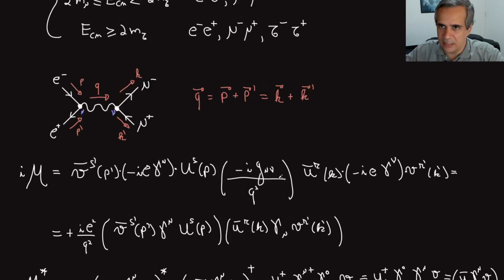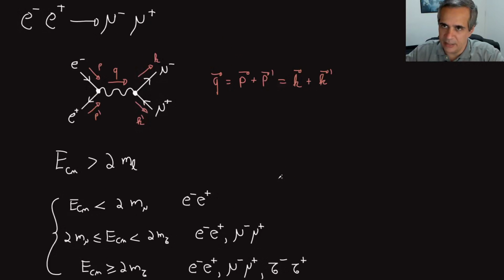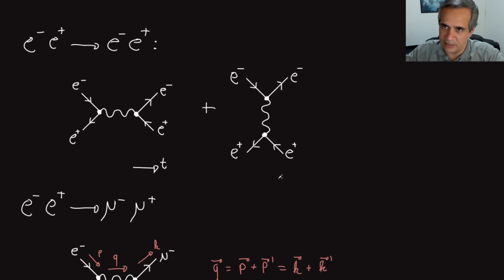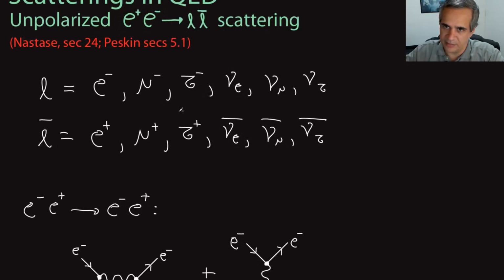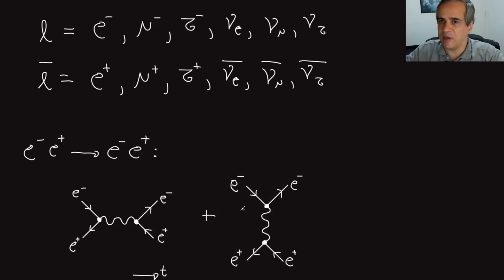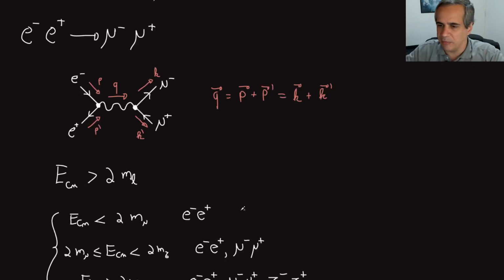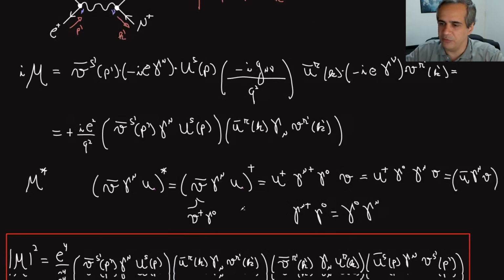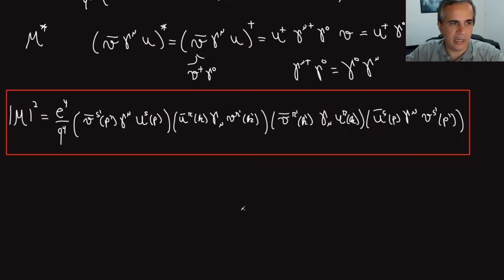I had unpolarized scattering. And unpolarized means that the initial electrons are not polarized, and also I don't care about the polarization of the muons that I produce at the end.